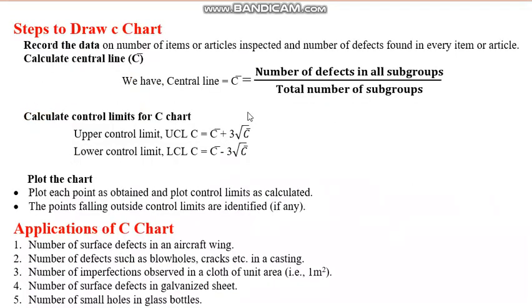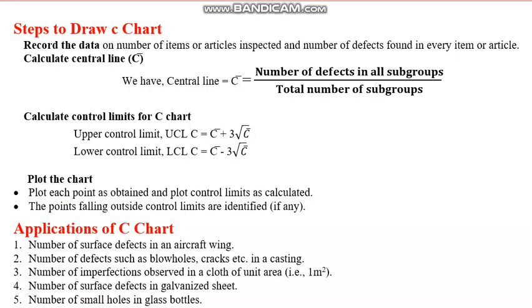Once you calculate the central line C bar, then you calculate the upper control limit and lower control limit using this formula. The upper control limit is C bar plus 3 square root of C bar, and the lower control limit is C bar minus 3 square root of C bar.